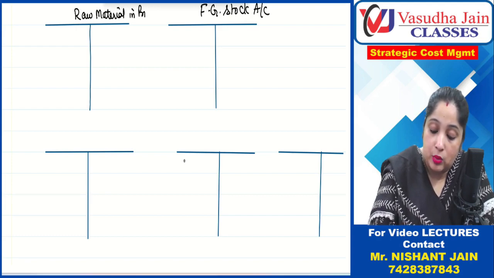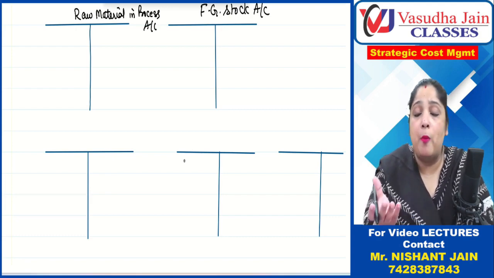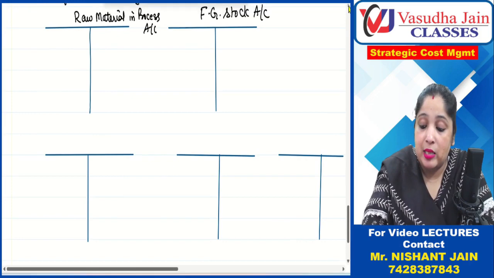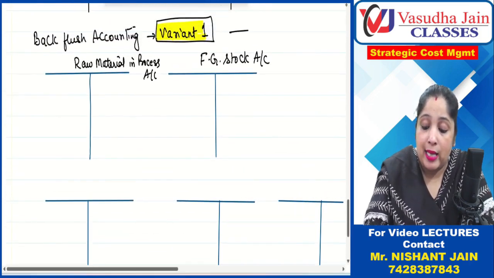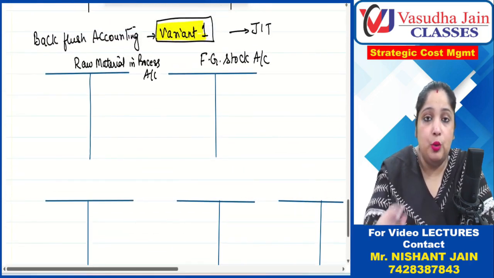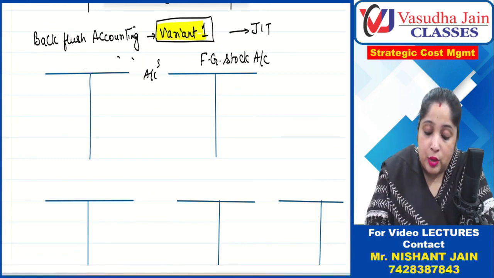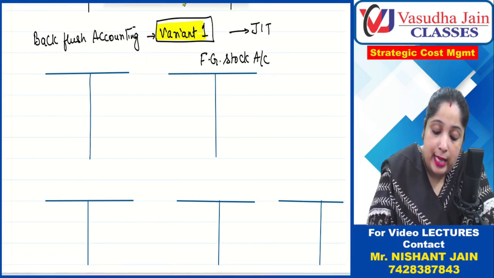in process account, because we do not have the tendency to keep raw material stock either, because backflush accounting is used where just in time is followed, and just in time suggests that you do not keep any stock of raw material. So instead of saying raw material stock account, we call it raw material in process account.